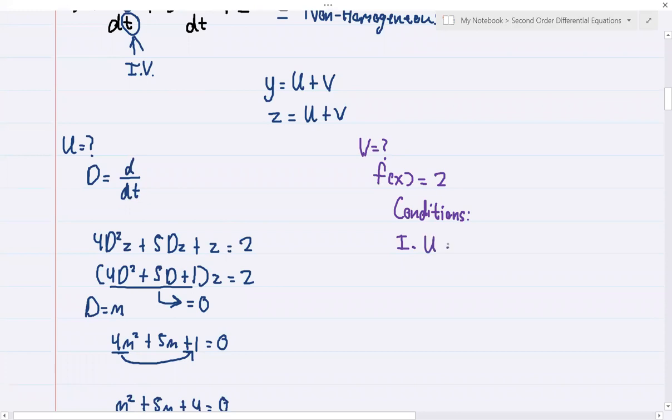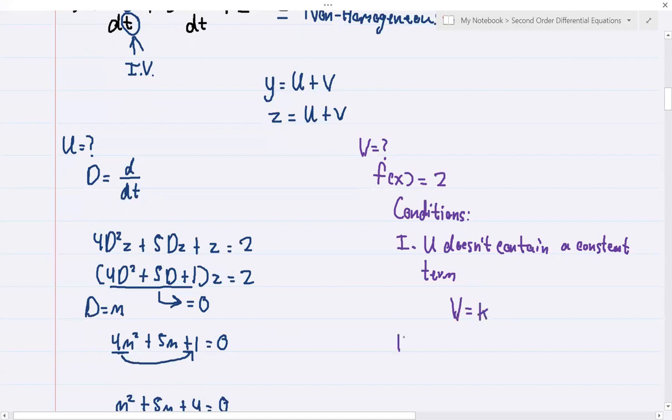First condition: if your u doesn't contain a constant term, let me put constant term there. If your u function does not have a constant term, even at least one, then your v would be your k.